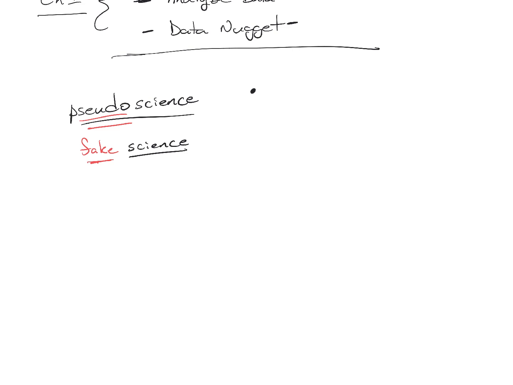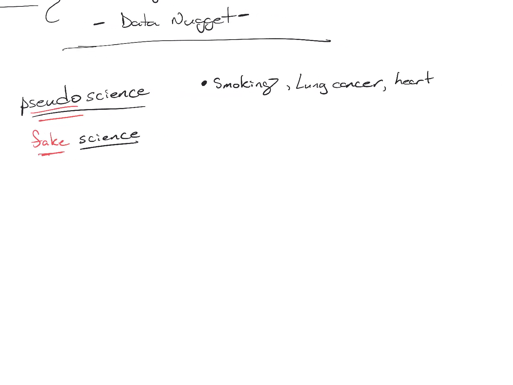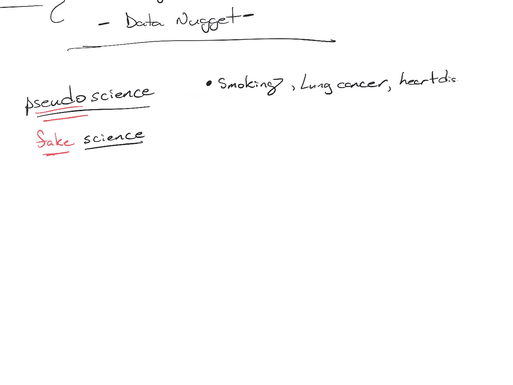So fake science is responsible for things like cigarette companies and smoking. A good part of the problem with smoking and lung cancer, and also heart disease and others, comes from this fake science, this pseudoscience.